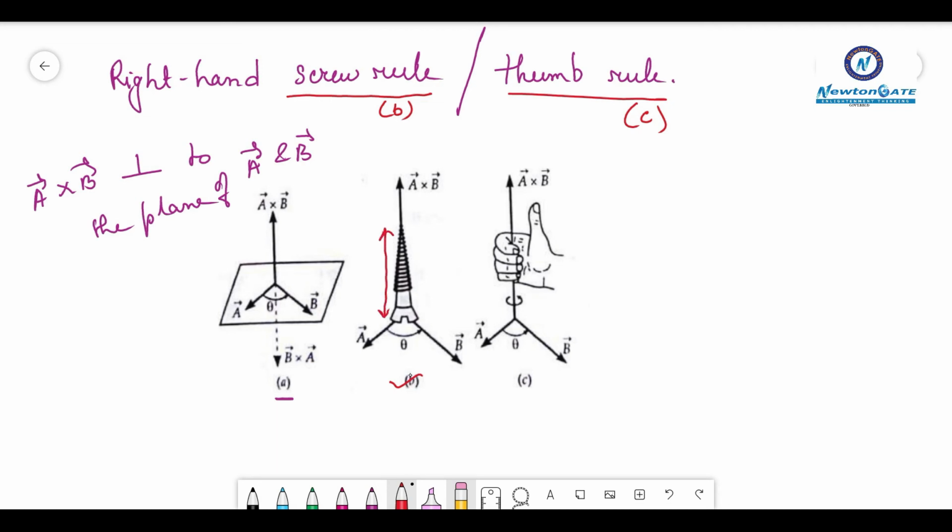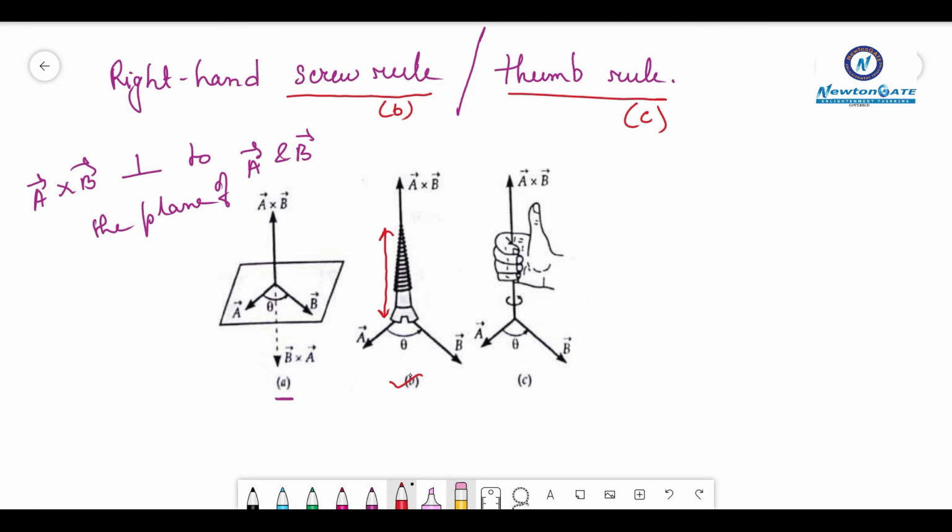The top of the screw is pointing upward, and the base of the screw gives you the direction of A and B. So the right hand screw rule says that if the base of the screw is the plane where A and B are placed, then the pointy head of the screw will point towards the direction of A cross B. That is what the screw rule is.